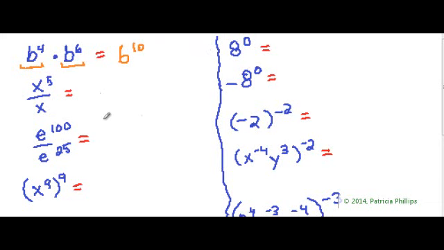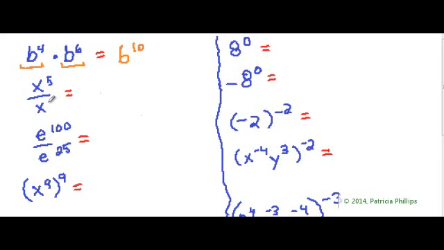Okay, the next problem is division. And we learned that when you're dividing bases that have exponents, you're simply going to subtract. So we don't see an exponent in the denominator, but you remember also we discussed that any number raised to the power of 1 is in fact itself.